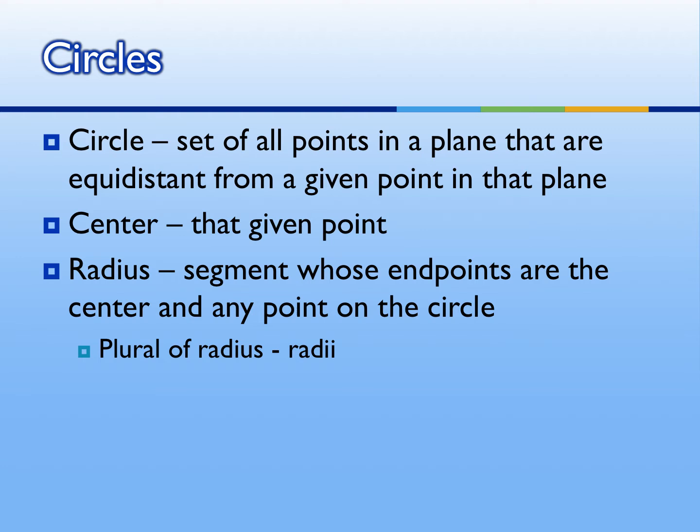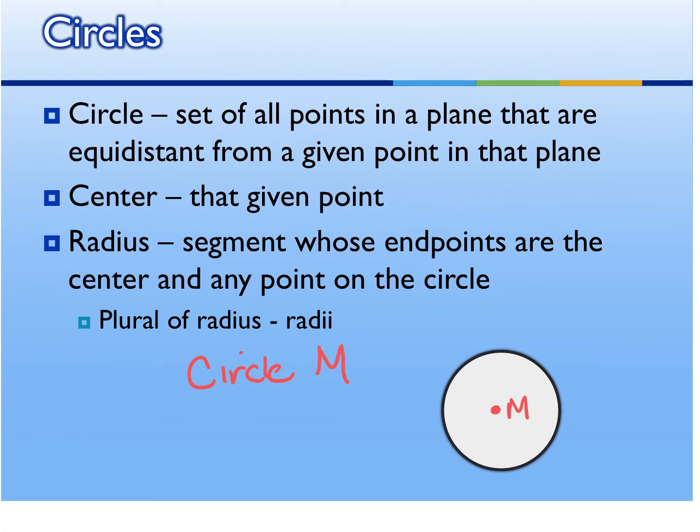So for example, if I draw a circle down here at the bottom, and if I added in a point in the center, and let's say I call this point M, I could name this circle that I just drew Circle M. You either need to write out the word circle, or just like with triangles, you could also draw a little picture of a circle with the center point drawn in there, and then put the capital letter, which is the point, which is the center. That's how you name a circle.